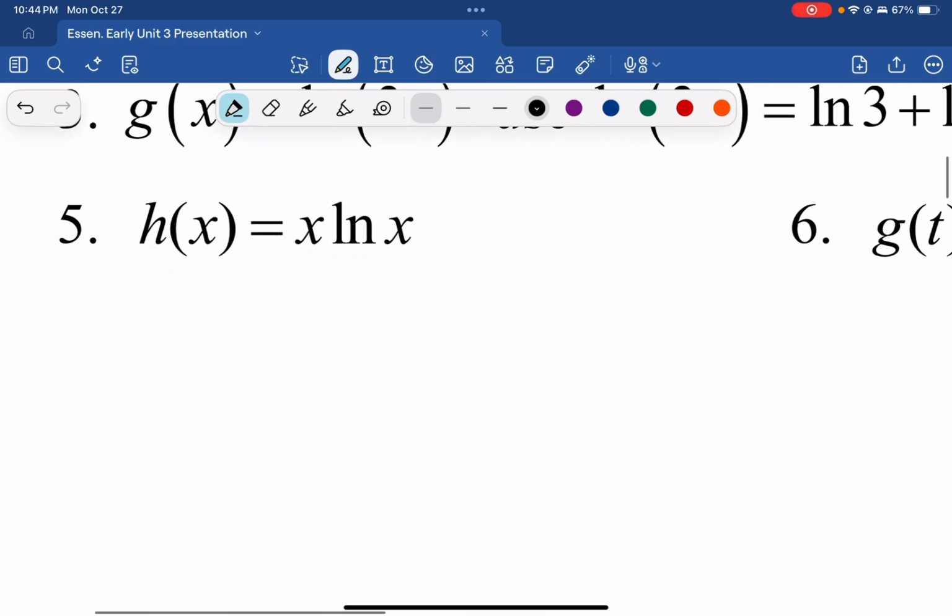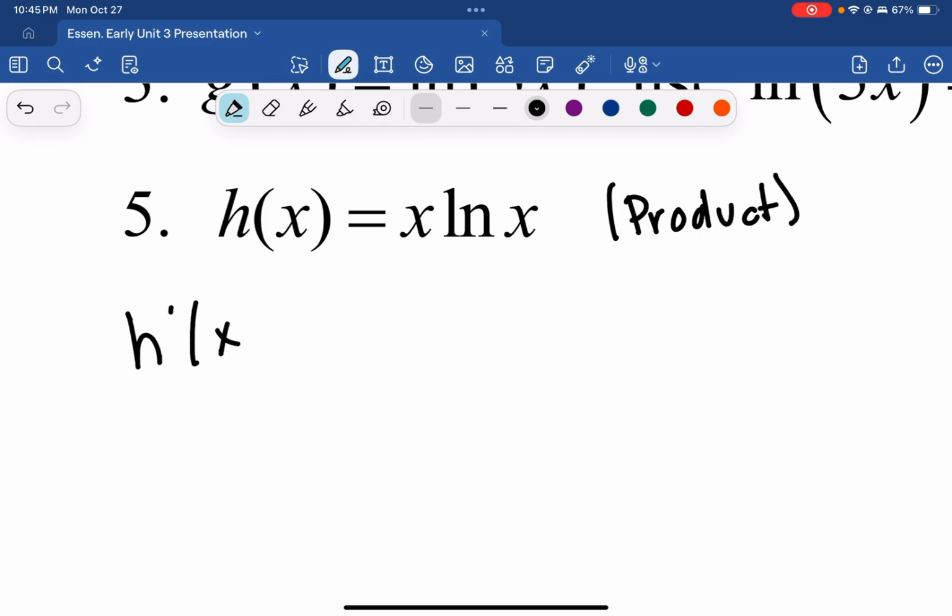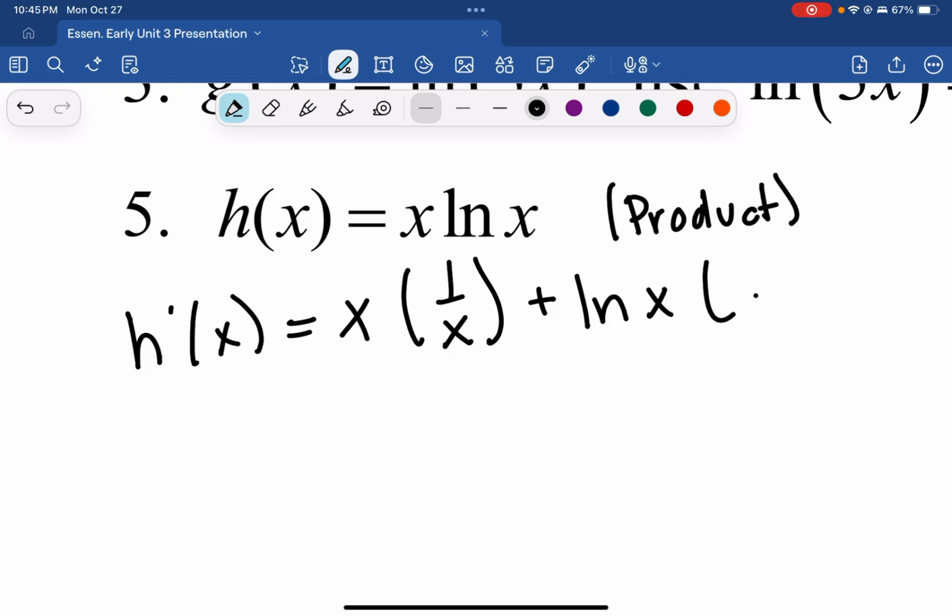Okay, let's look at number 5 next. We have h of x equals x times the natural log of x. This is a product, so I have to use the product rule. So h prime of x is equal to the first times the derivative of the second plus the second times the derivative of the first.